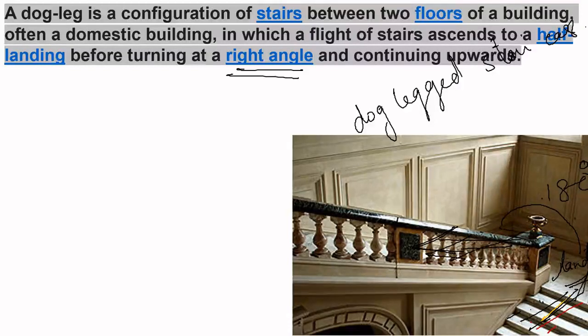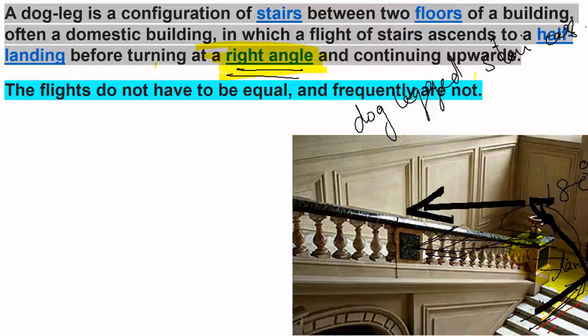Before turning you will have a landing and the turning is right angle. This angle is a right angle. Then again another right angle. So totally it is 180 degree, right?